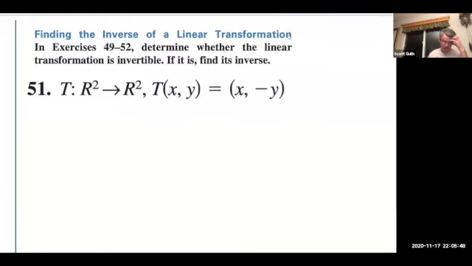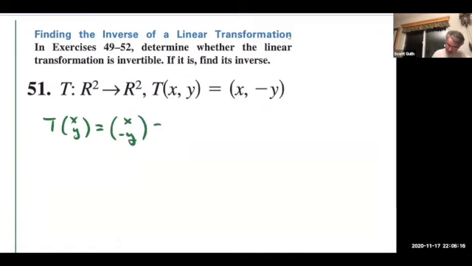Okay, now number 51, I hate to say it, but it's almost too easy. But I'm going to set this up as if it wasn't easy. So first of all, to express this linear transformation as a matrix transformation, T of xy is x negative y, like that. Okay.